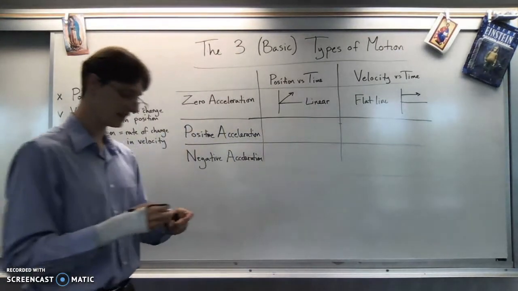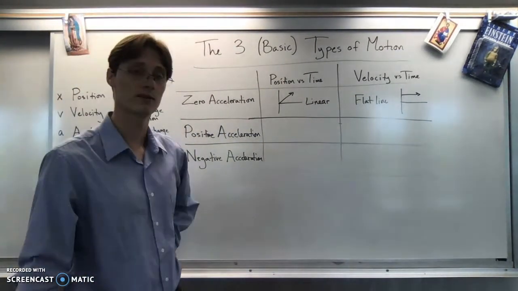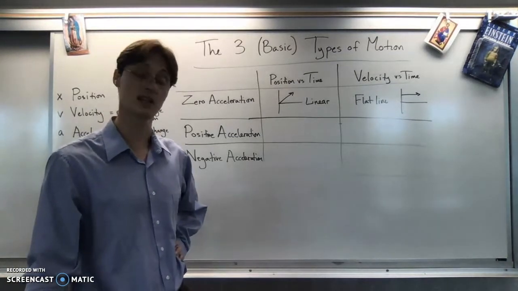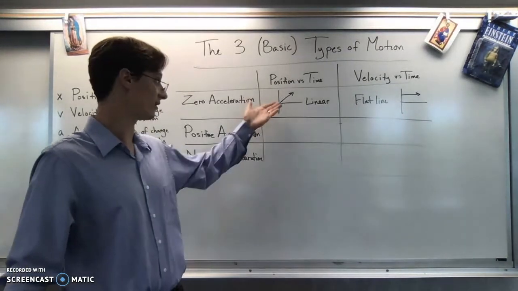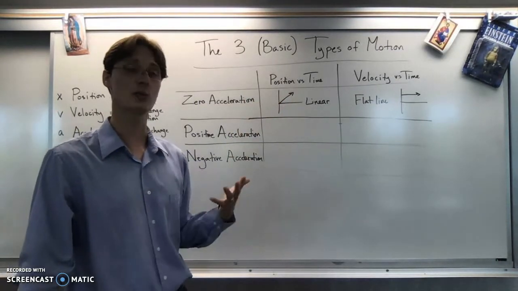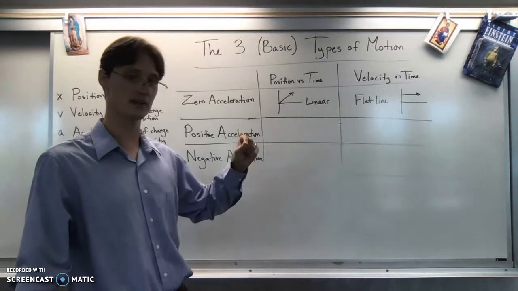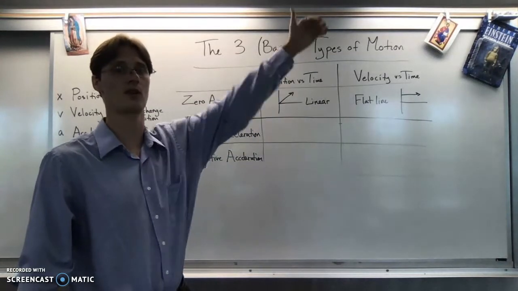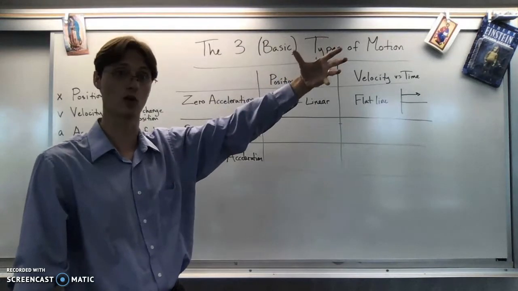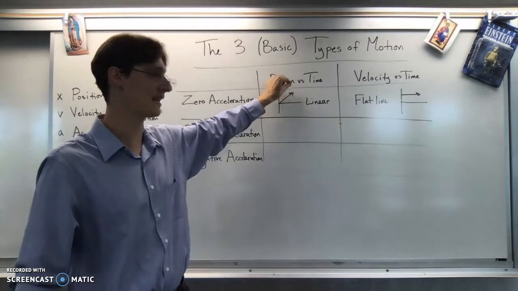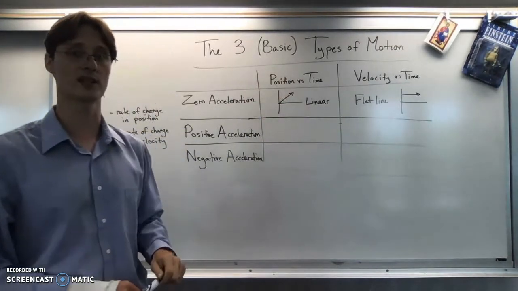Okay, now the idea here is that if your velocity doesn't change, your velocity has a constant value, then your position changes at a constant rate. That's what a line shows, right? A line goes over 1 up 2, over 1 up 2, or whatever it may happen to be, depending on the slope, okay? Which is showing then that your position changes at a constant rate over time.